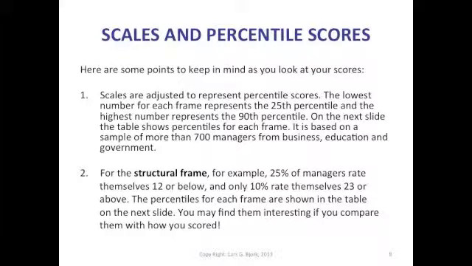For example, in the structural frame, 25% of managers rate themselves 12 or below, and only 10% rate themselves 23 or above. The percentiles for each frame are shown in the table on the next slide. You may find them interesting in comparison with your own score.